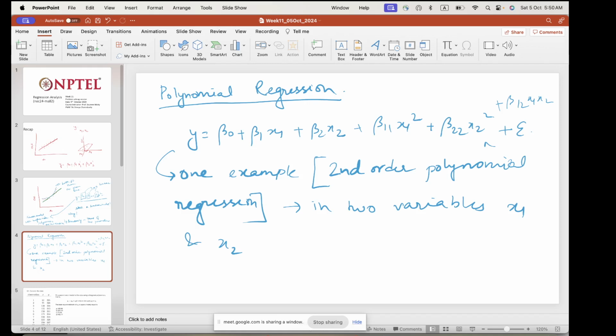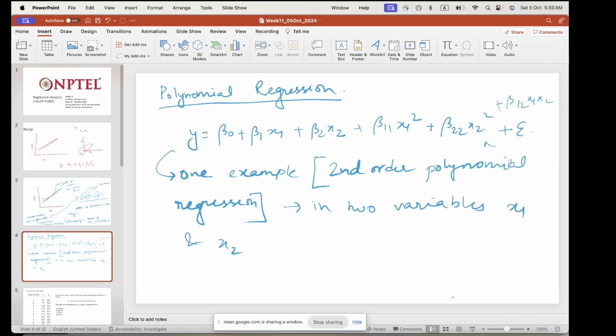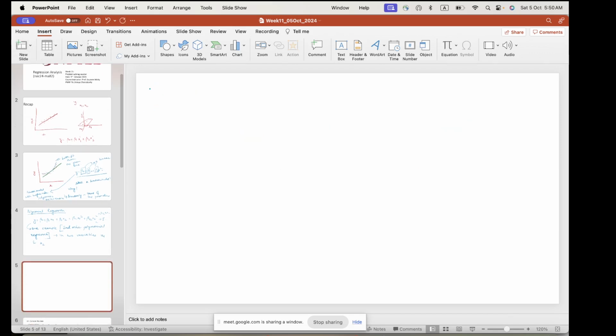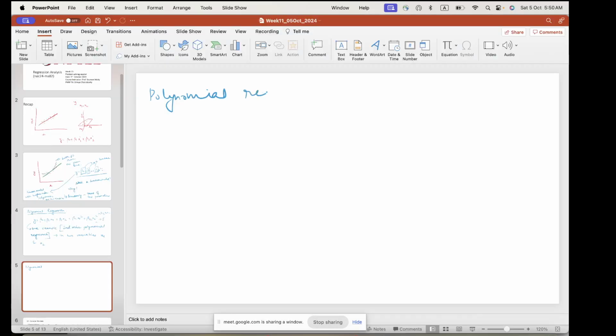So, this is a polynomial regression in two variables. Now our focus was actually on polynomial regression in one variable.